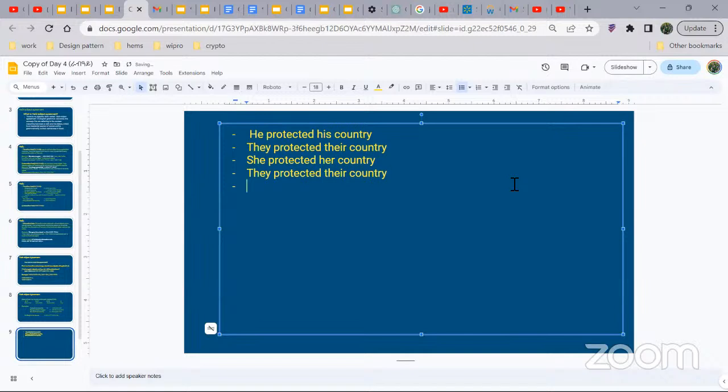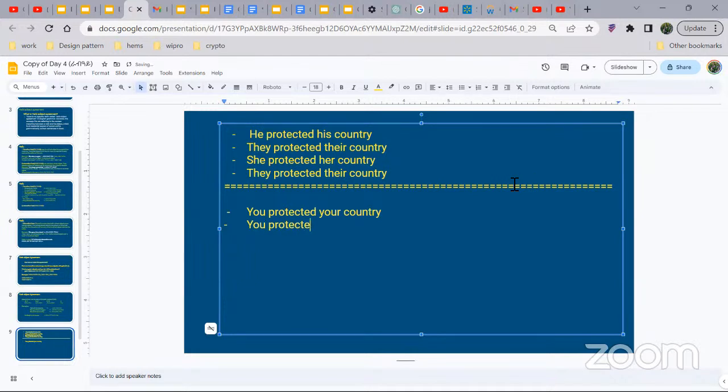Their country. Their country. Okay. Since the second person is different, you have to do it separately. You protected your country, masculine.